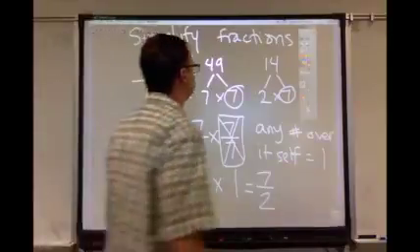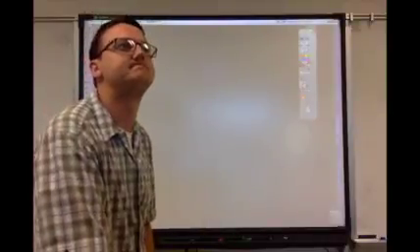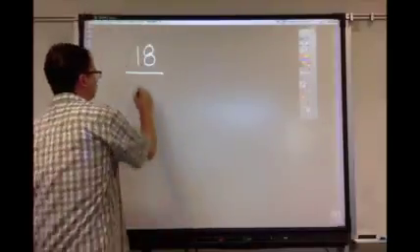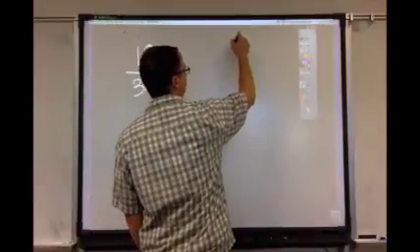Let's do another example. Say we have 18 over 36. Let's do that. So let's look at our factoring. What numbers multiply to equal 18?